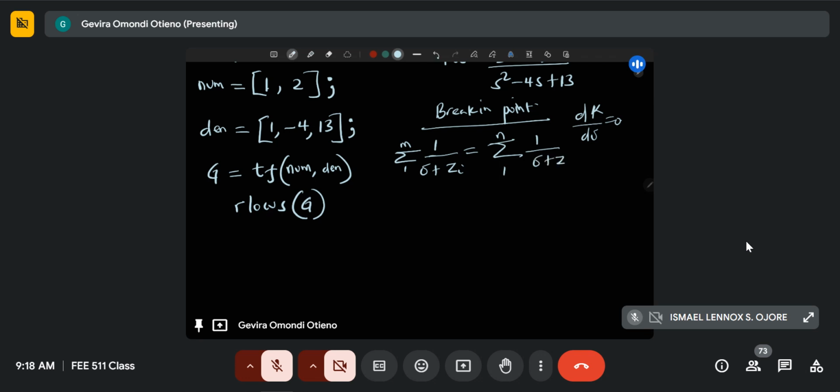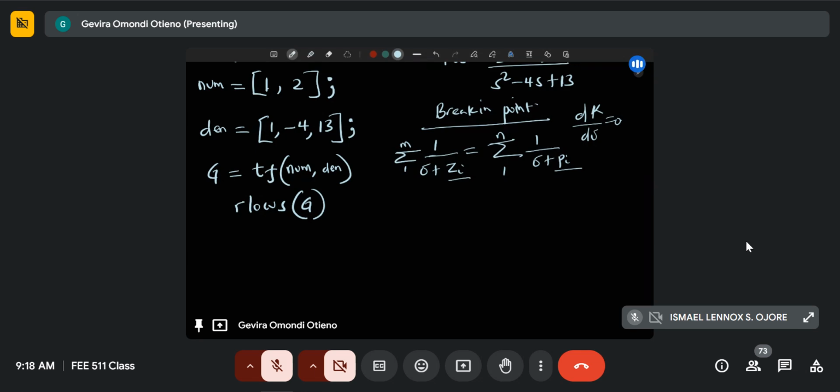Both methods are provided in your notes. What you have to remember with this transition method is that the Zi and Pi, where Z stands for zeros and P stands for poles, are the negative values.